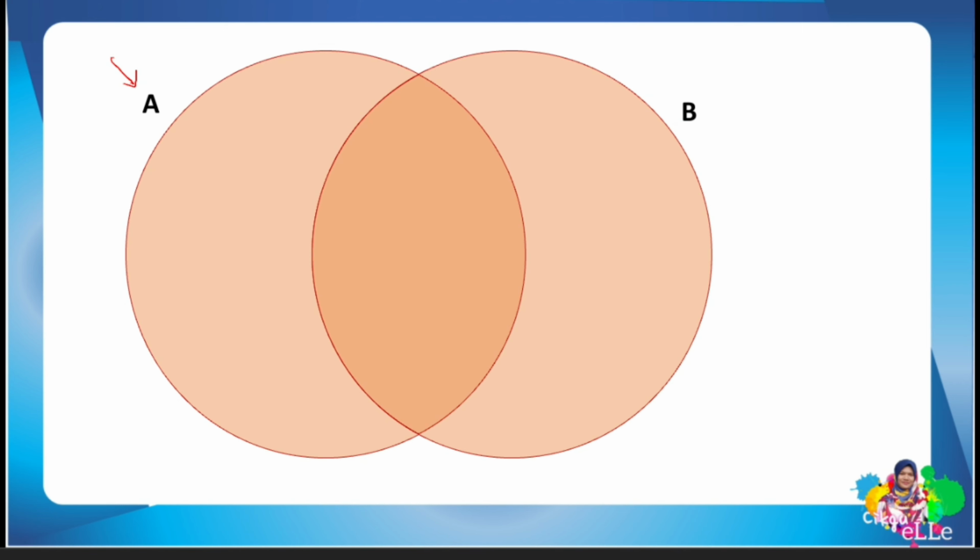Now, how to insert the elements inside the shape. First, you write all the elements for both sets. The common elements for both sets, you write at the intersection. Okay, Raj, Afiq, and Benjamin.